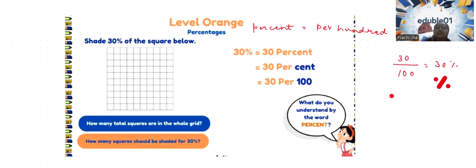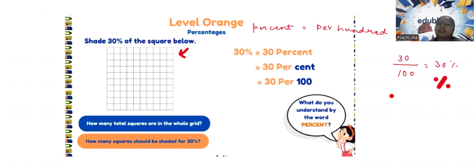Now, you see this square grid below? How many total squares are there in the whole grid? Exactly, that's a 10 by 10 square, so that's going to be 100.